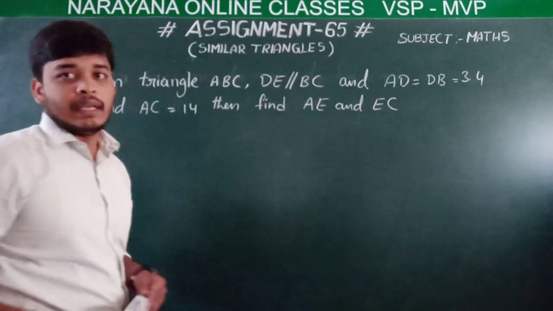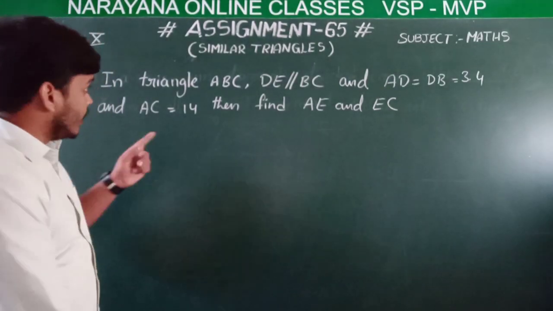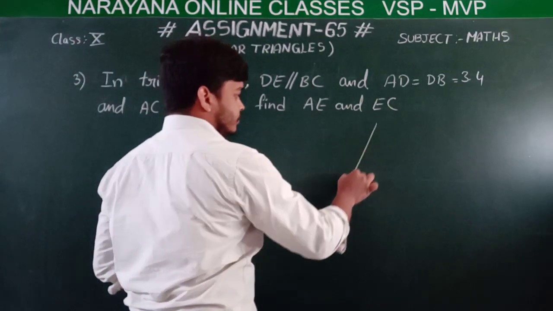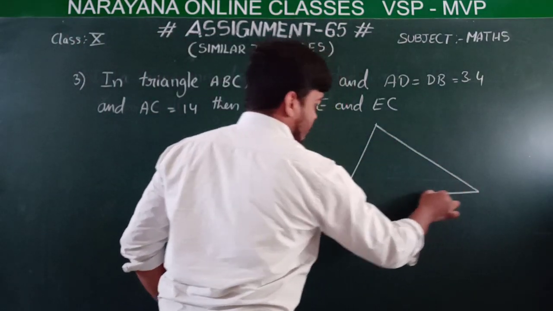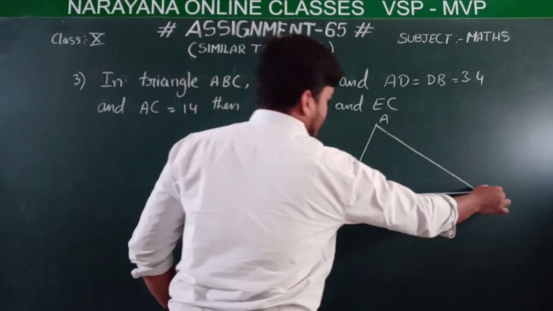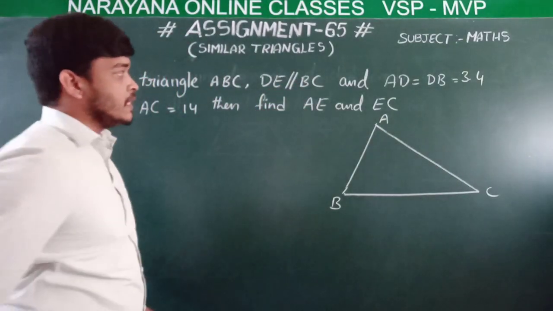See children here, let us take any triangle ABC. In triangle ABC, DE is parallel to BC.